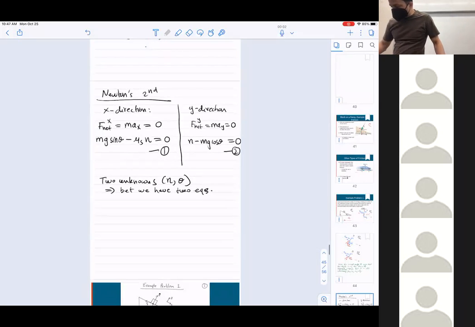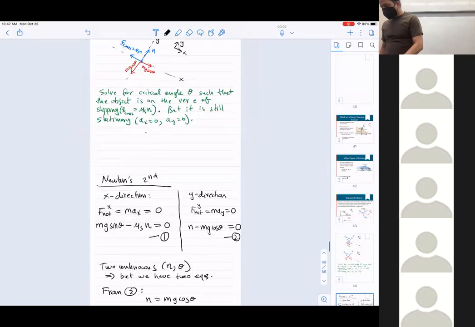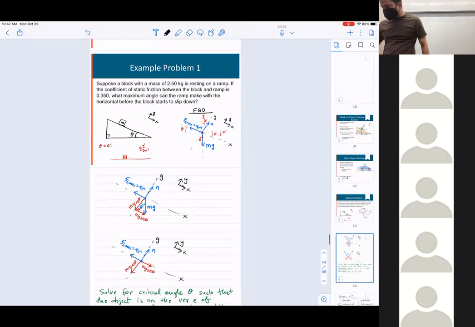So we see here from 2 that n is equal to mg cosine theta. Notice that the normal force is not equal to the weight mg, as it is in the case of a horizontal surface, but this normal force only has to balance this component of the force of gravity, not the entire force of gravity, because some of the force of gravity is along the incline.